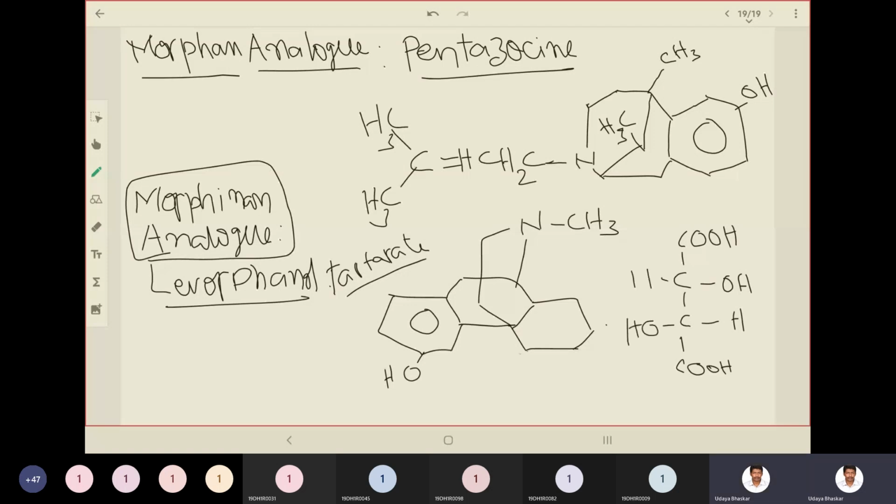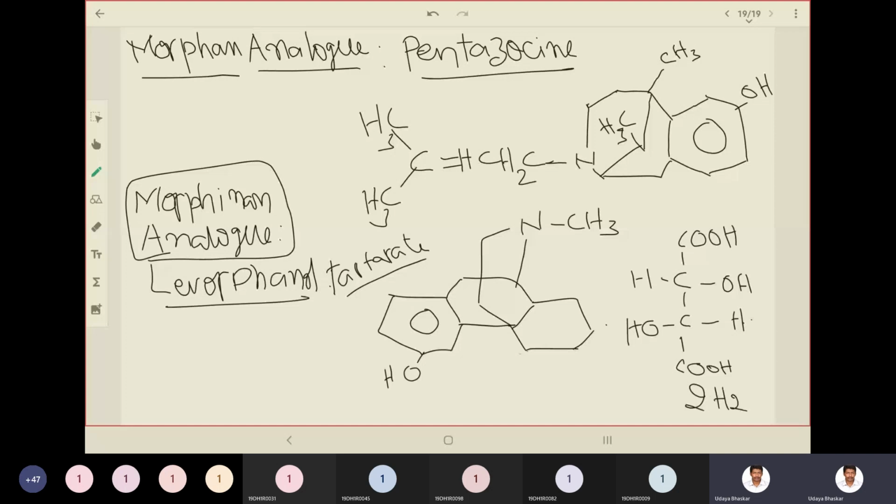This is tartrate, and it has two molecules of water also in its molecular formula. So, am I clear? So, this is all about morphine and its analogs, narcotic analgesics.